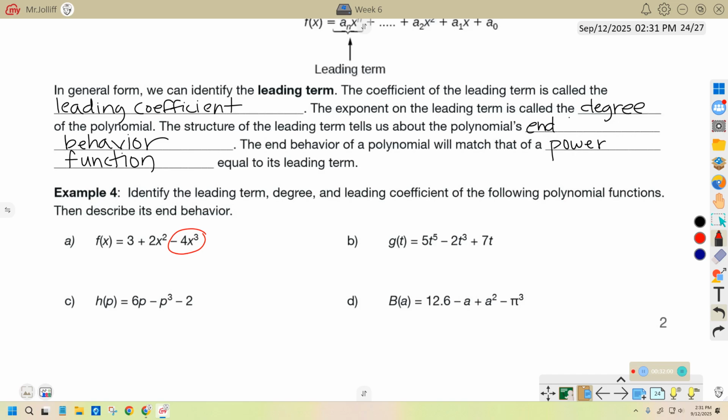It has the biggest exponent. The biggest exponent is called the degree. Is the degree even or odd? Odd, yeah. Good. Is the leading coefficient positive or negative? Negative.